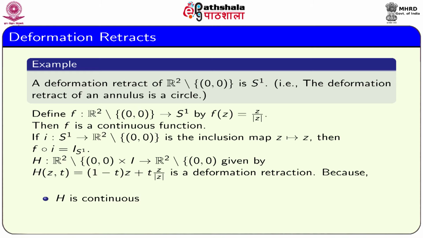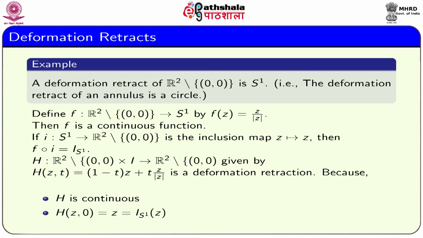Now, let us define a map H from (R2 minus 0) cross I to R2 minus 0 by H(z,t) is equal to (1 minus t) times z plus t times z by mod z. Then this H is continuous.